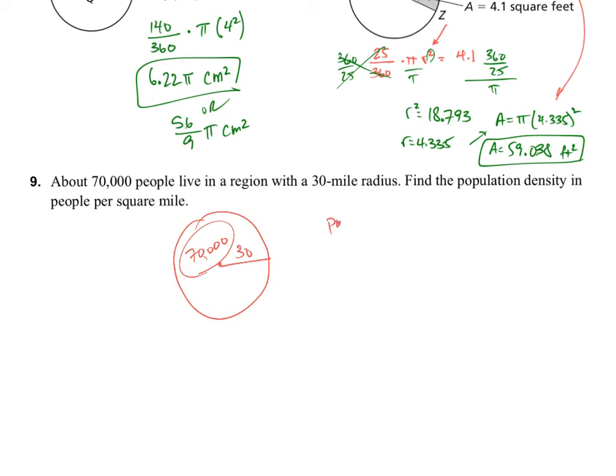So the people over the area is our population density. And in this case, we've got 70,000 people, and the area is going to be pi times 30 squared. And that would give me 24.76 people per square mile.